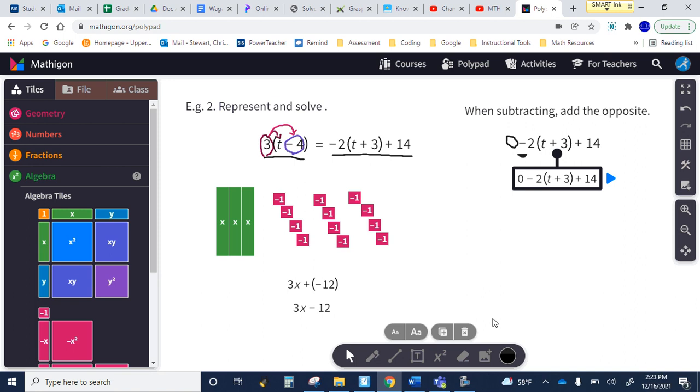So what we can do is apply a different property, and that property is known as the commutative property of addition. So instead of 0 minus 2 groups, what we really could say is we could group those like terms, the 0 and the 14 together, and we can subtract the 2 groups from that. And that is an equivalent expression. We can also write that as just 14 minus 2 groups of t plus 3.